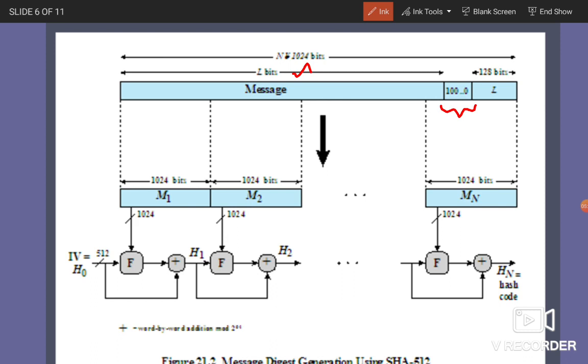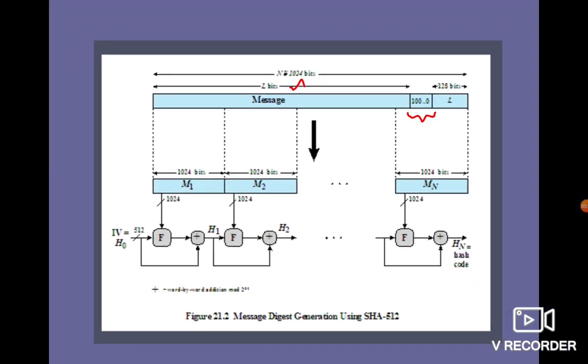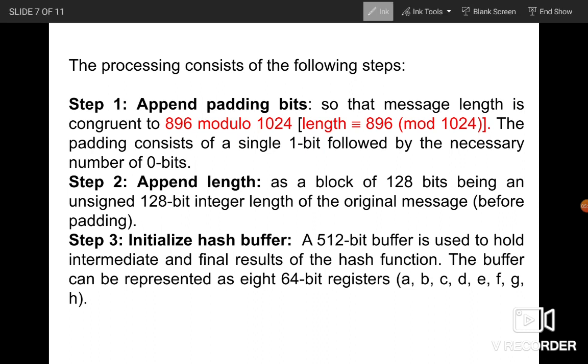Why are we doing this padding operation? We have to make the message length congruent to 896 modulo 1024. Why is it taken as 896? Because then we add the length of the message, 128 bits, so it totals 1024.